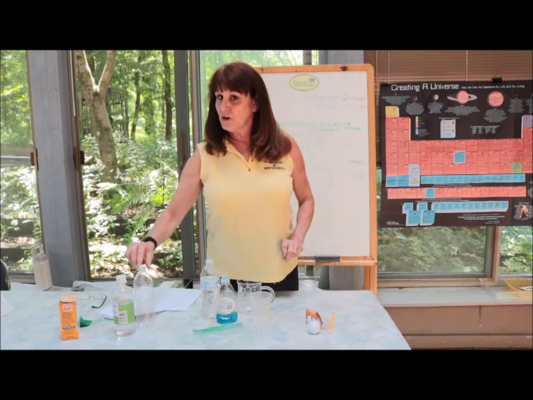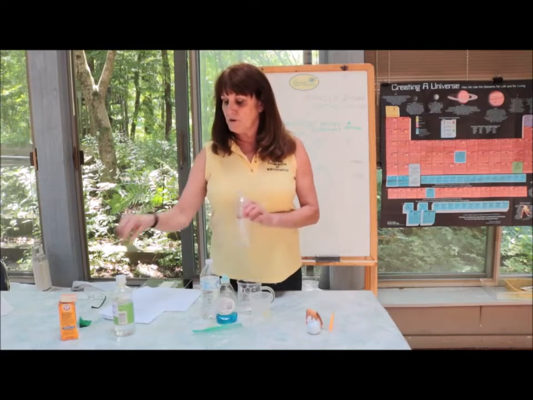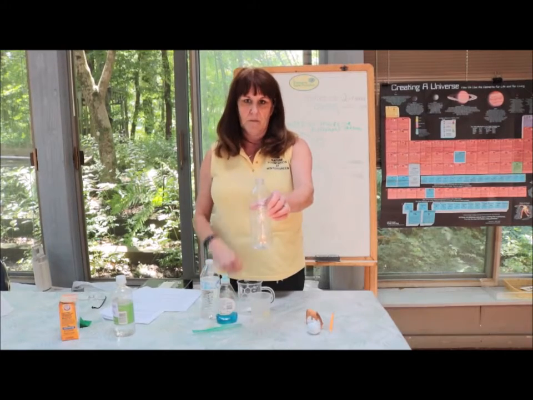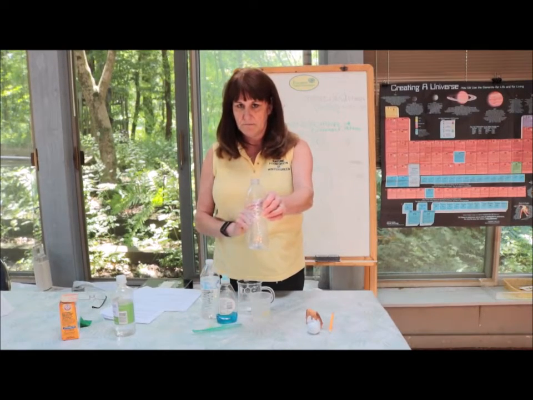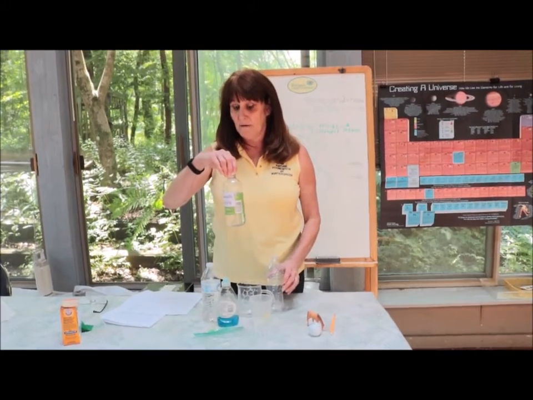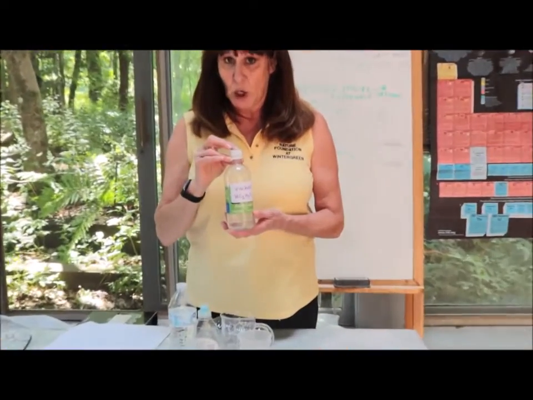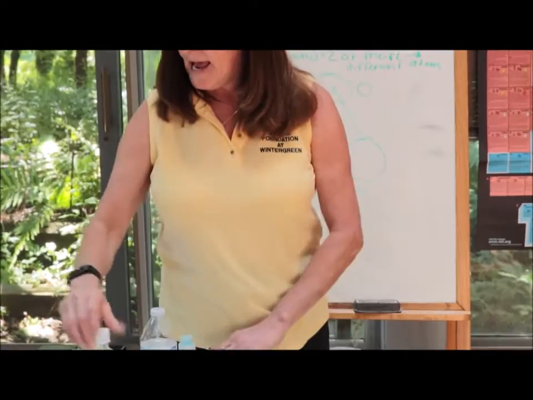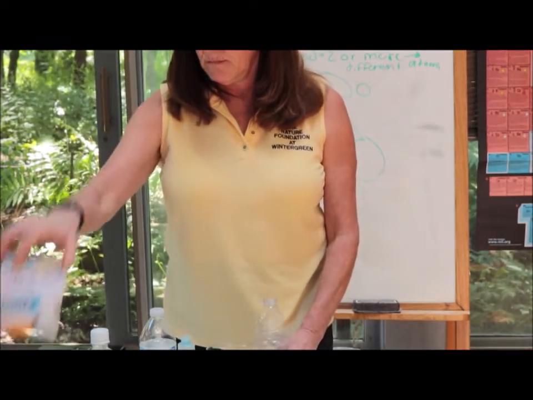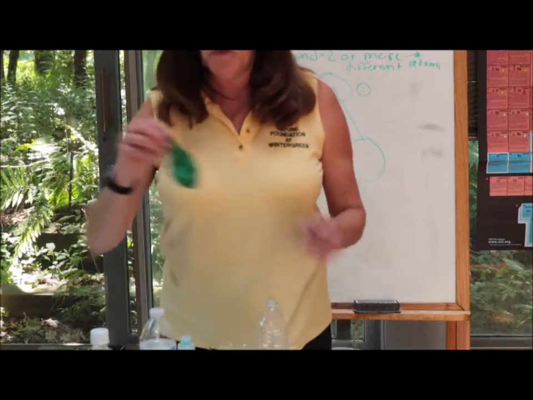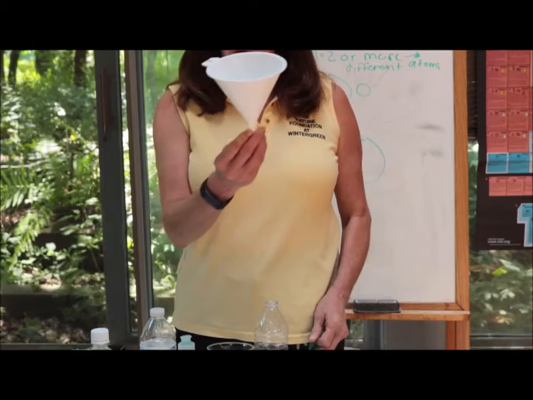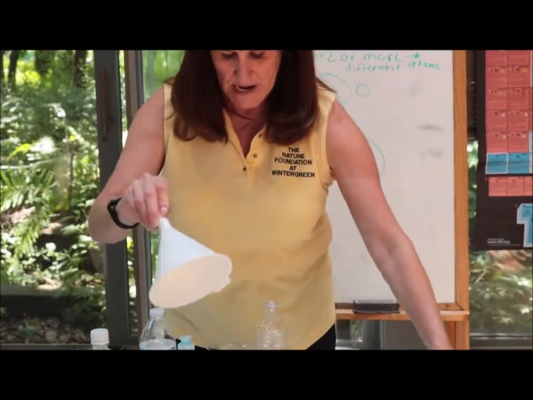And then you're going to go to experiment number 3, which means you're going to need an empty water bottle or empty soda bottle. And if you can ask around the house if you can get a little bit of white vinegar and baking soda, a balloon, an empty balloon, and a funnel. That's experiment number 3.